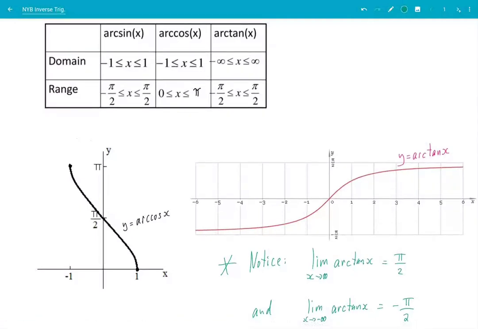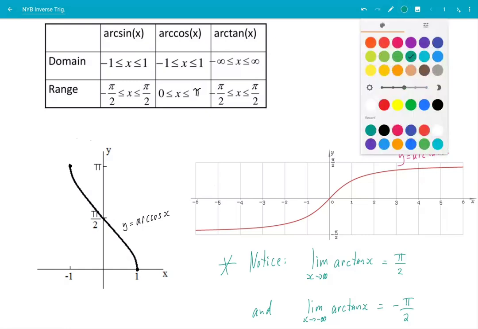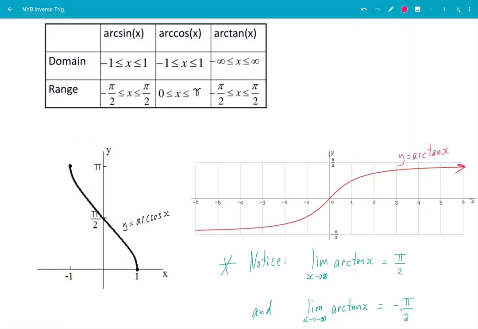So pause and copy all this. I guess we should add some little arrows here, an arrow over here to indicate you go on forever, and an arrow down here to indicate you go forever.